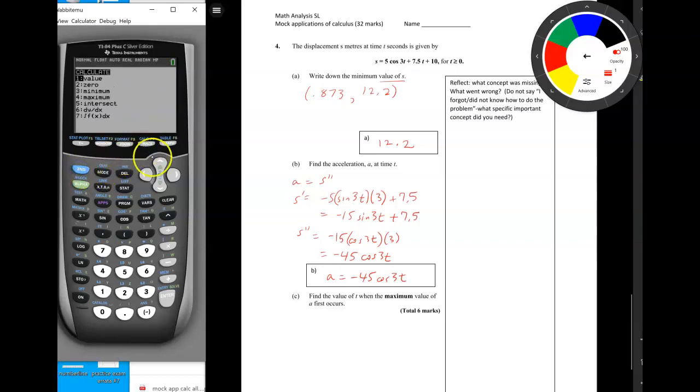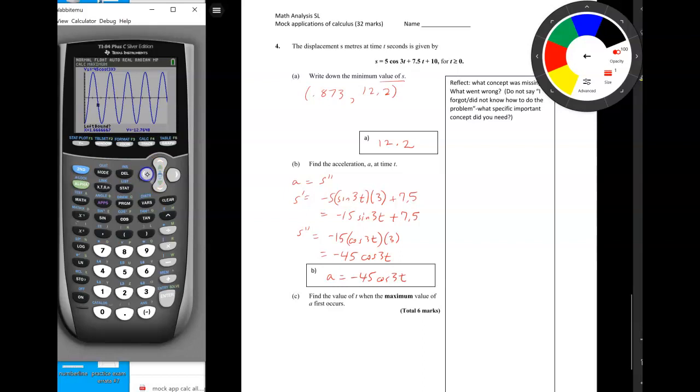Second calc max. And we just put the left bound slightly to the left of that first hump. I think I could just type in a number, but okay.